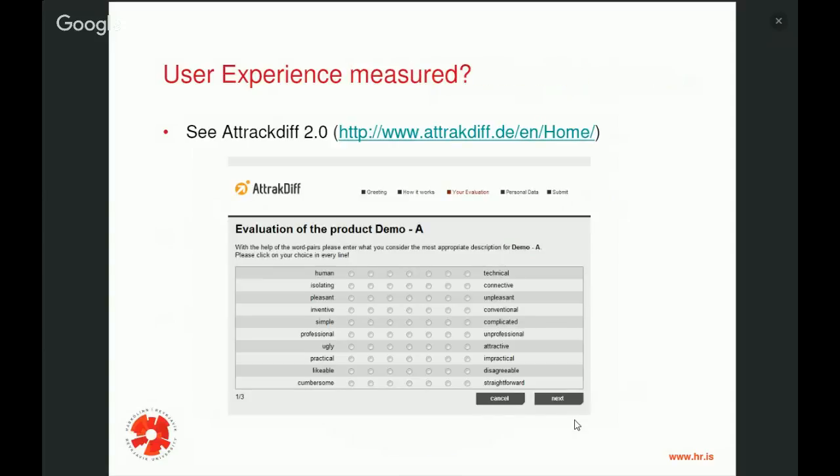Some people have been working on how to measure the user experience, and Marc Hassenzahl, he's a professor in Germany. He's probably the best known person behind this questionnaire, which is called AttrakDiff, and it's open, so it's online. And it has 28 questions on the user experience.